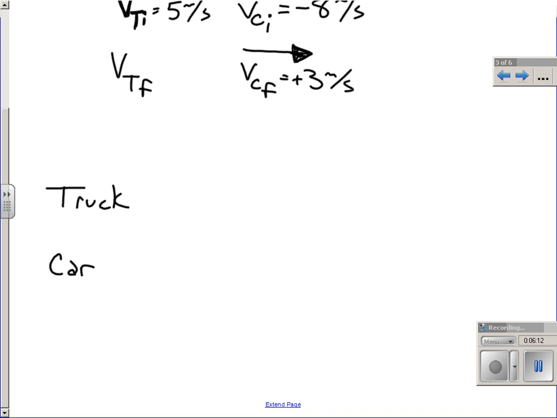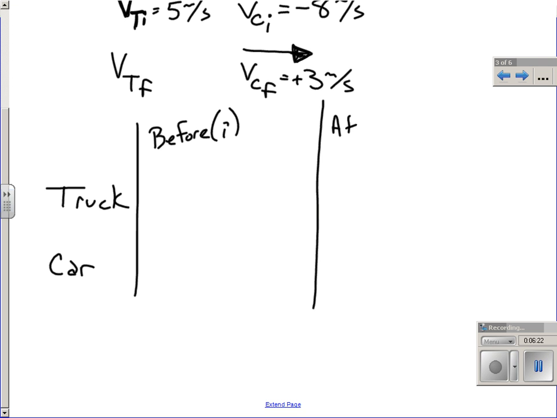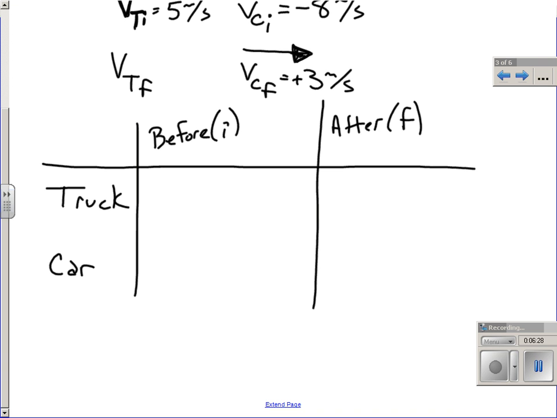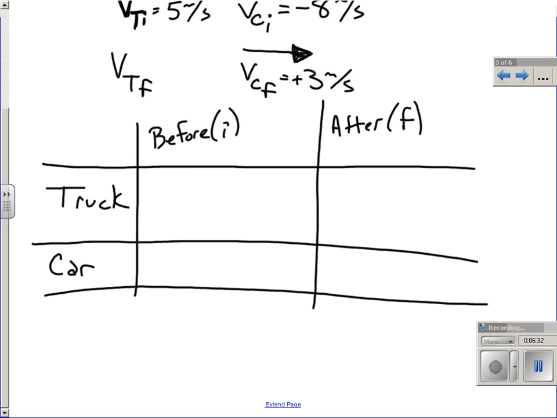Okay, and then we're going to keep track of their momentum both before, in other words, initially, and after the collision, in other words, final. Okay, and we're going to find the momentum. While I'm at it, we'll do that at the end. Okay, so here we go.